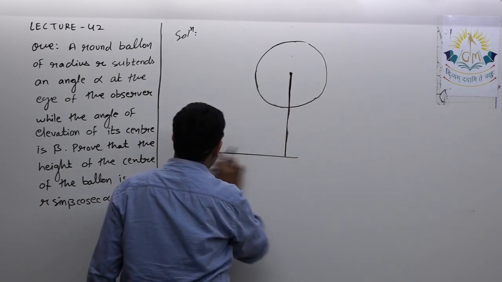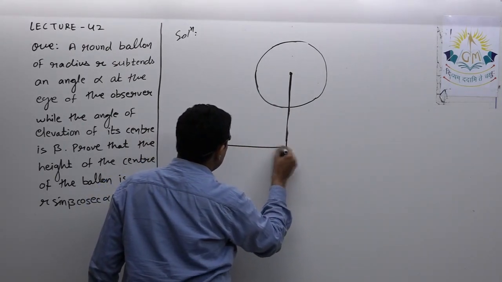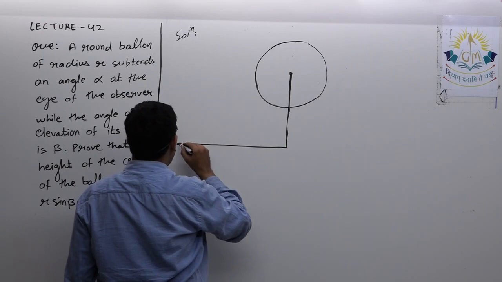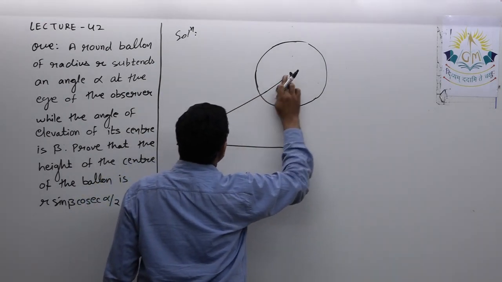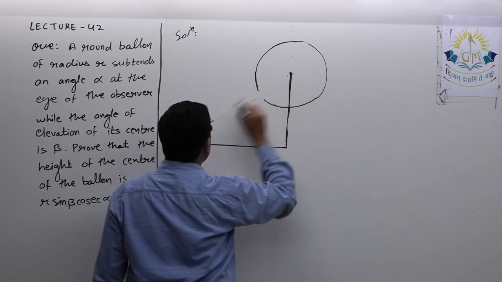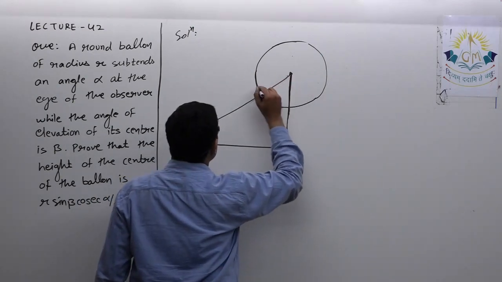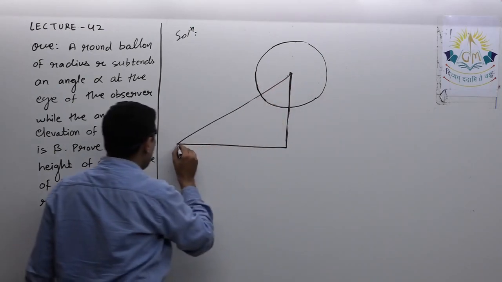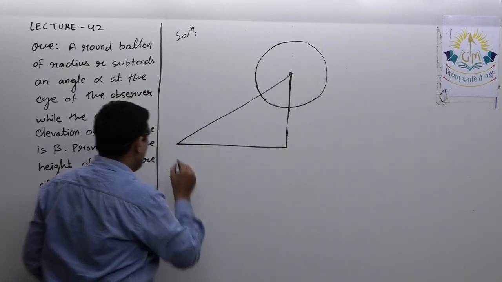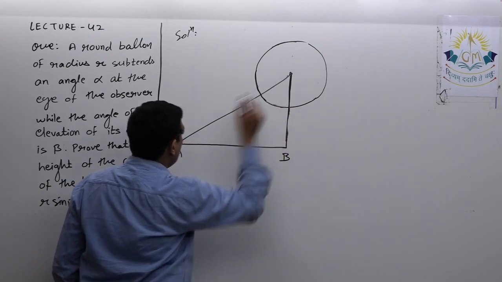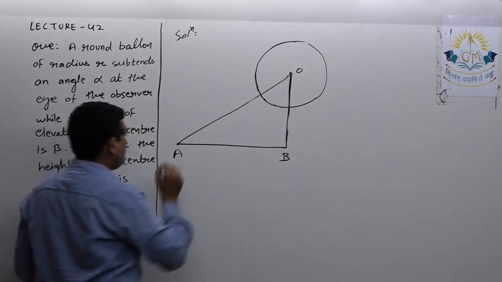This we have to find, the height. Now the angle of elevation of its center is also given. So first I'm drawing that angle of elevation of its center. This angle is actually beta, the angle of elevation of the center of the balloon from the point on the ground is beta. So if I say this is O, then angle OAB is equal to beta.